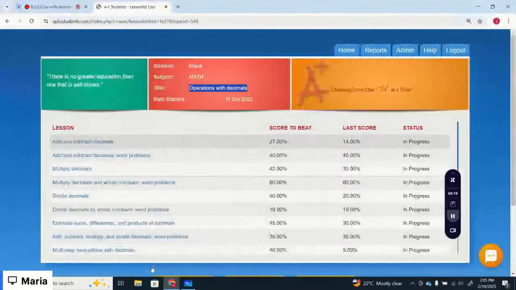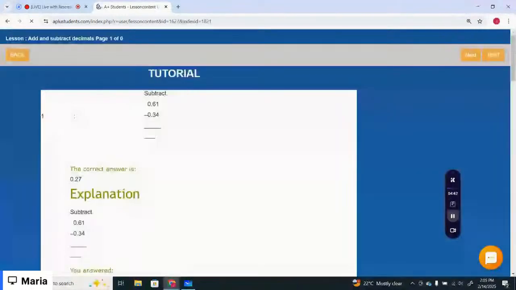Here I'm on grade 7 math. The chapter we're on right now is operations with decimals. Let's just start with 0.61 minus 0.34. So we have to subtract.